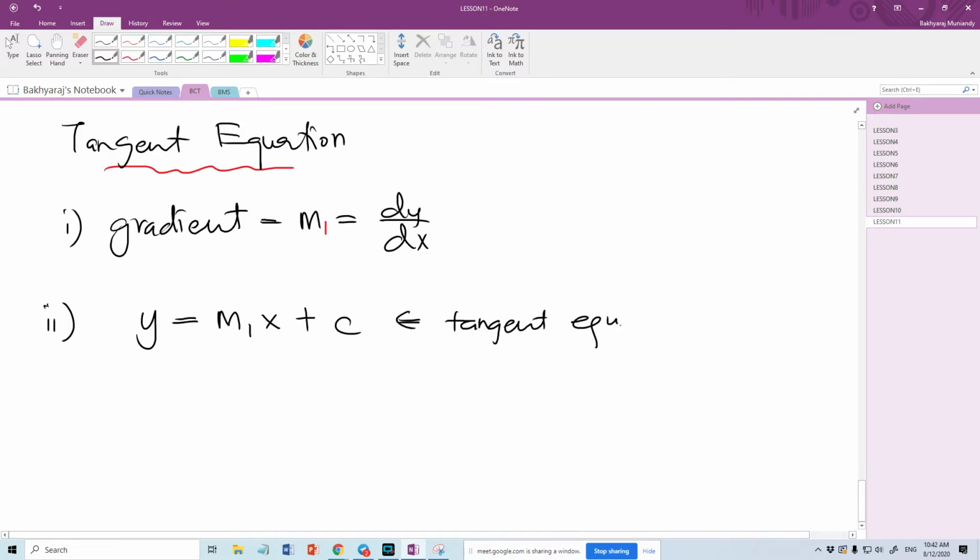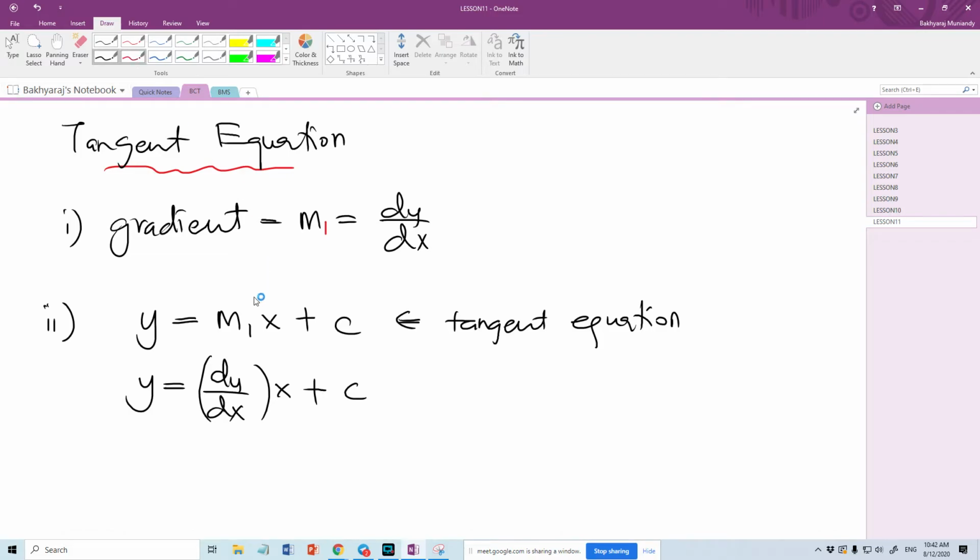Okay, ini yang kita nak, tangent equation lah. So first we need to get the gradient. Okay, we need to get the dy dx. So also you can write this y equal dy dx x plus c dah, because the m1 itself is dy dx. Okay, m1 ialah memang pun adalah sama dengan dy dx. So ini yang kita kena faham untuk selesaikan subtopik ni. Okay, they are same lah.